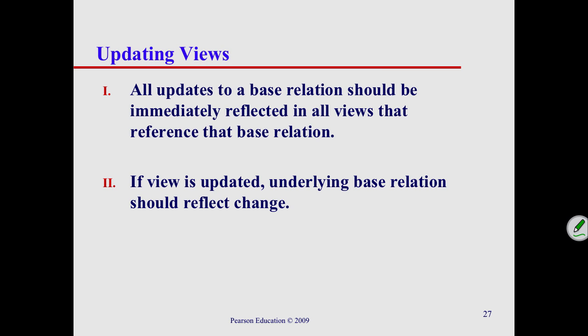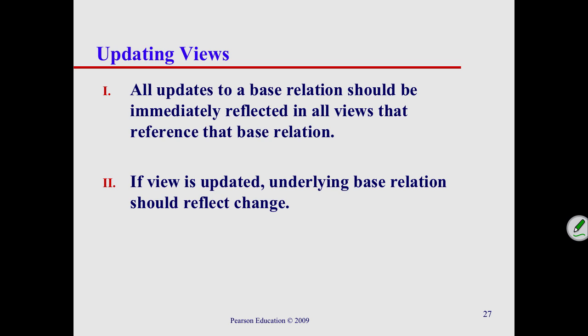Then there are some restrictions on updates. So, of course, when you update the base relations, you should be able to update the view. You can't always, though, update the view because sometimes the underlying base relation cannot be updated. Well, let me give you an example.